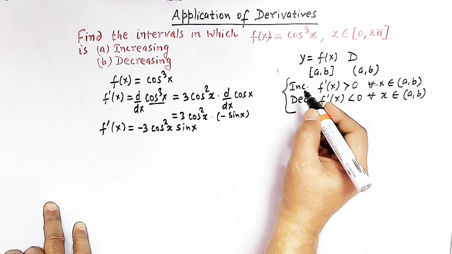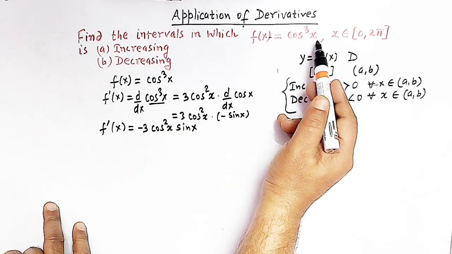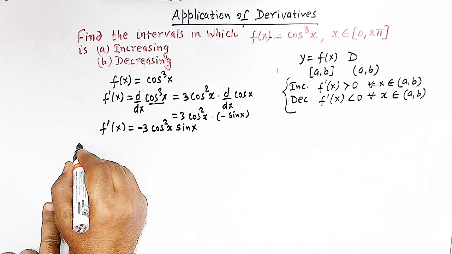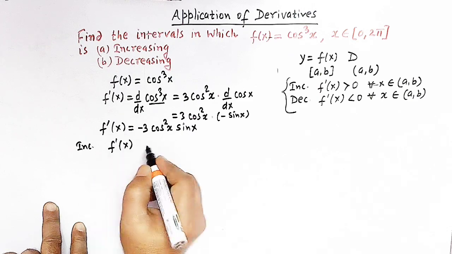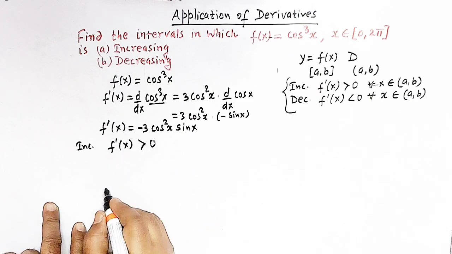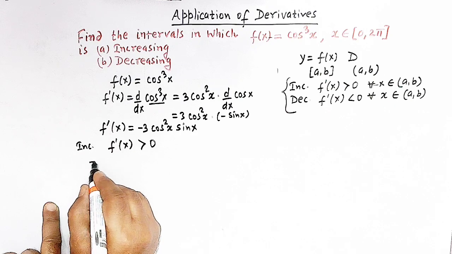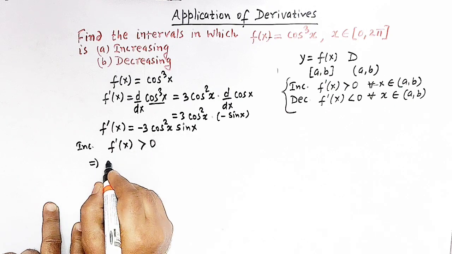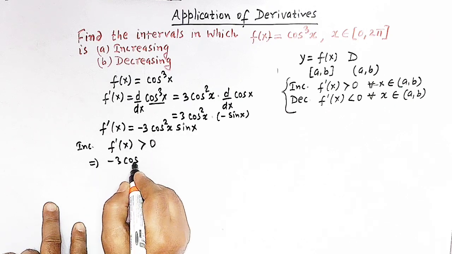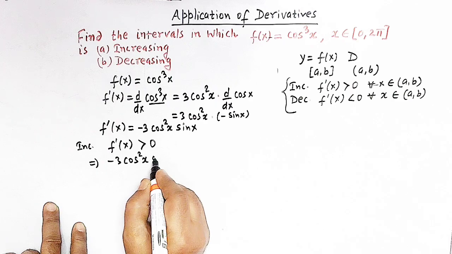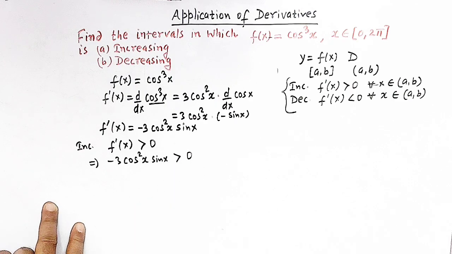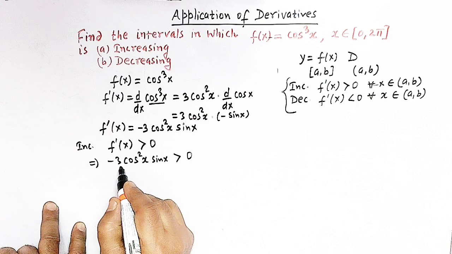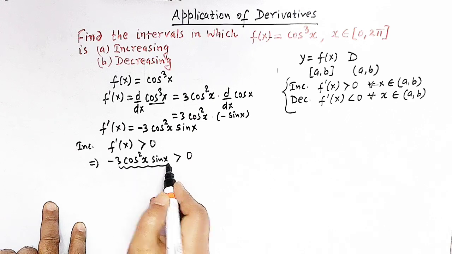So for the function cos cube x to be increasing, this derivative should be greater than 0. So it implies that this term, minus 3 cos square x sine x, should be greater than 0. So now let us look at this expression.